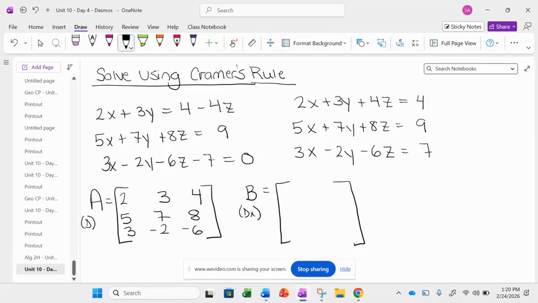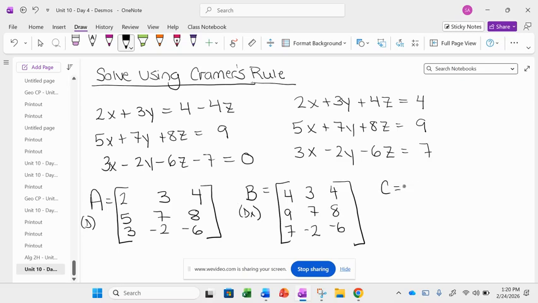Who remembers what did we do for the D sub X? Good. We're going to keep the same matrix as A, but now I'm going to replace the X column with the constants. So my first column is 4, 9, 7. My other two columns stay the same.